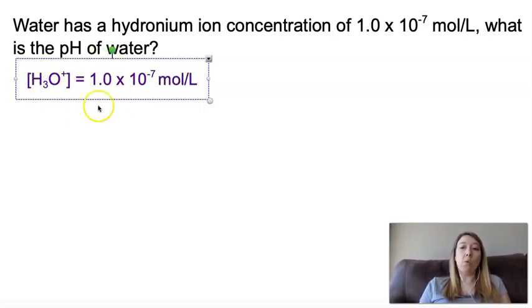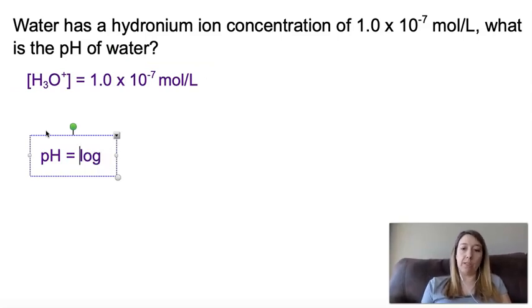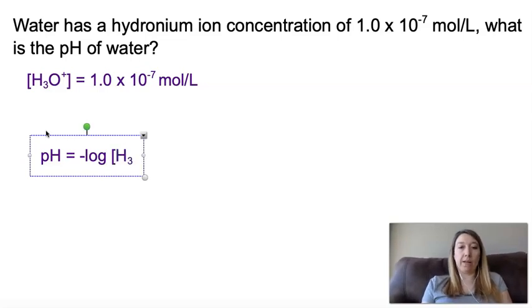So because I already have the concentration of hydronium, I can go right into my pH is negative log, sorry, I missed the negative, concentration of that hydronium, right? When I look at that equation, I have all those pieces that I need to actually be able to plug into this.